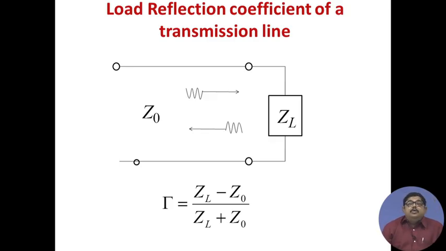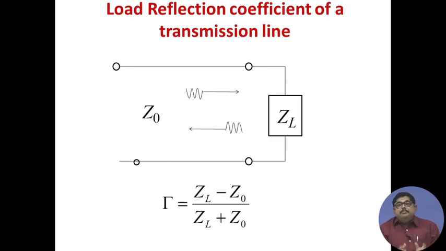Now, if I have a load on a transmission line, and suppose the characteristic impedance of the transmission line is Z naught, and the line is carrying power towards the load, then it is the same case as the previous slide.